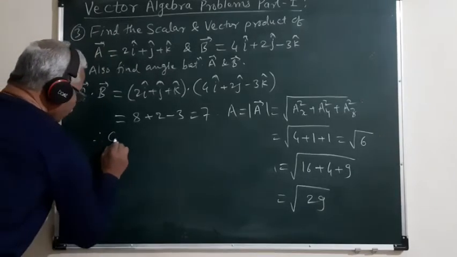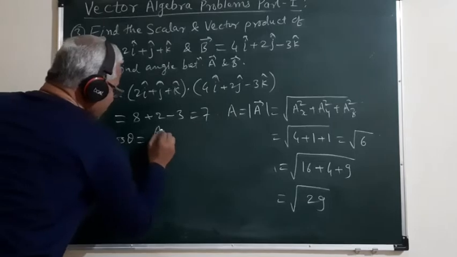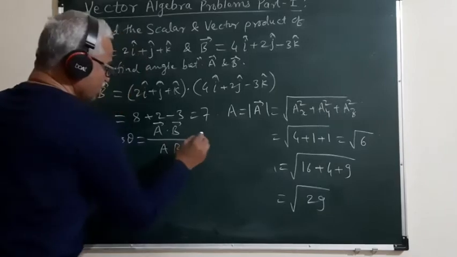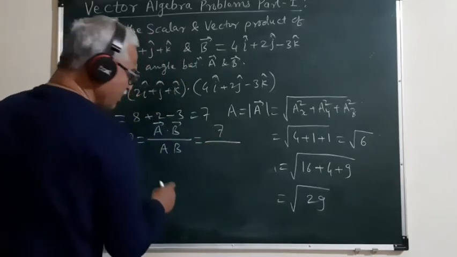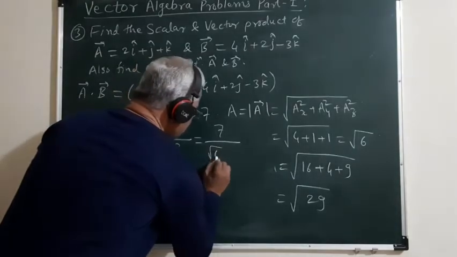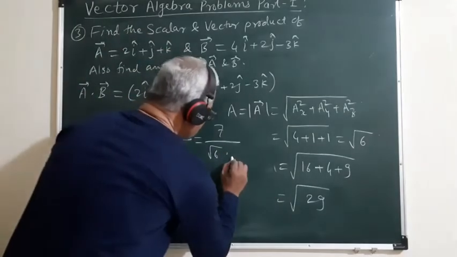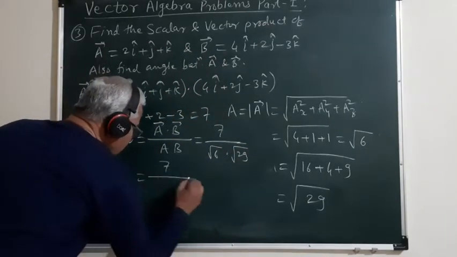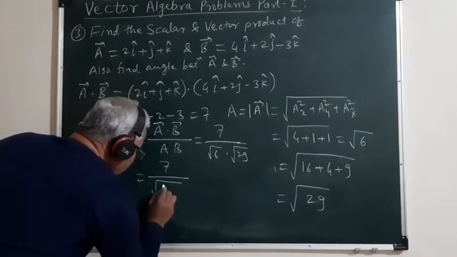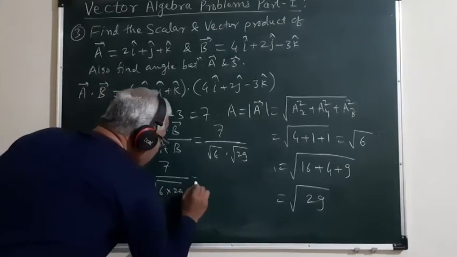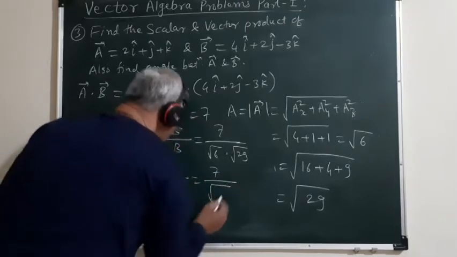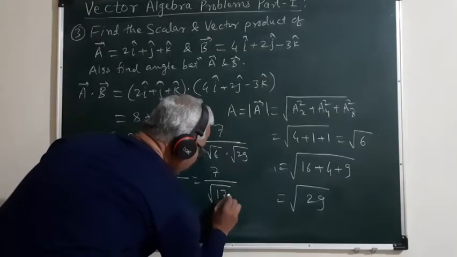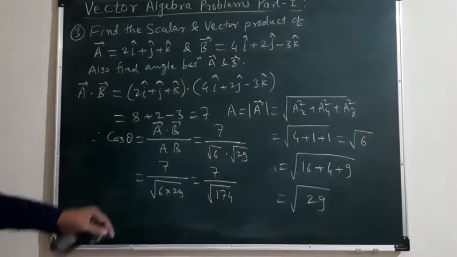Therefore, cos theta is equal to A bar dot B bar divided by mod A into mod B. So this is equal to 7 divided by root 6 into root 29, which is 7 divided by the square root of 174. So this is the value of cos theta.